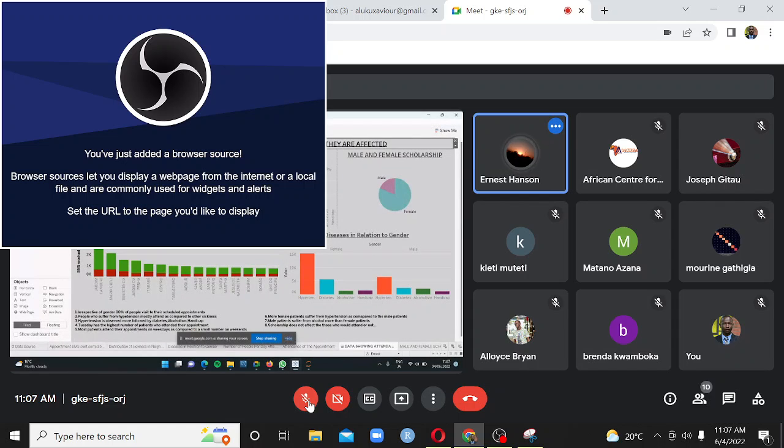So here I had gone ahead to show the data on the attendance of appointments and how they are affected. According to the data given, we can see the number of people who attended and those who did not attend. Most of the ones who attended had hypertension, which we find to be a major factor in making people keep their appointments.